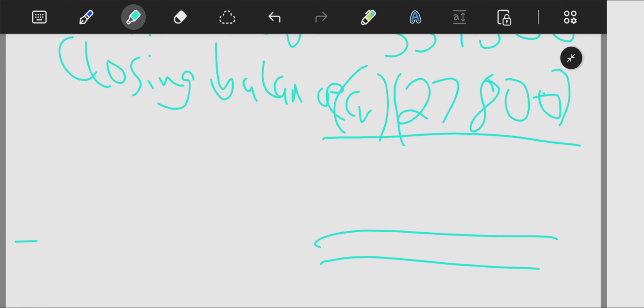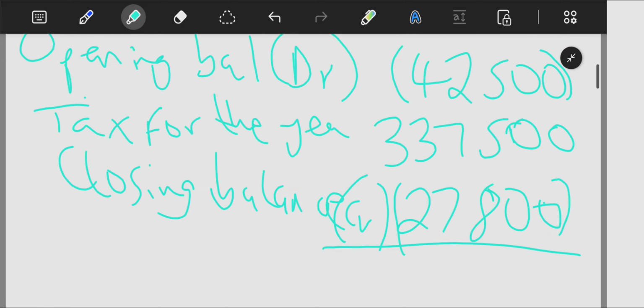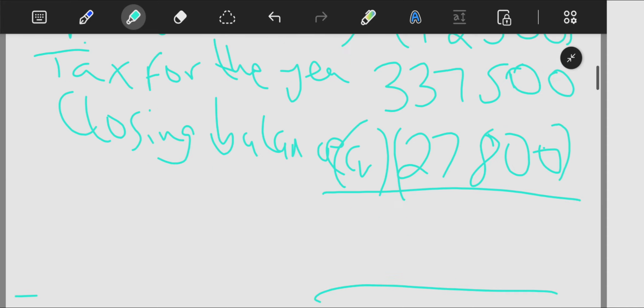Right. And then we are going to say negative 42,500 plus 337,500 minus 27,800. Then it gives you a taxation paid of 267,200.